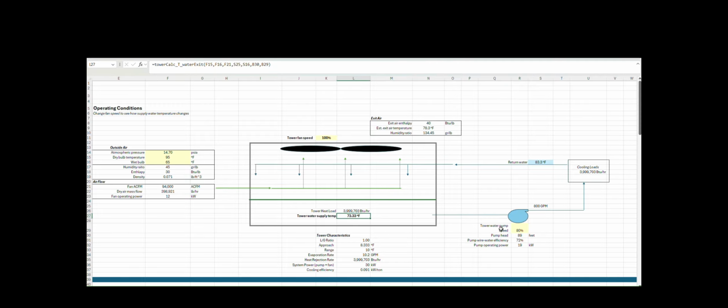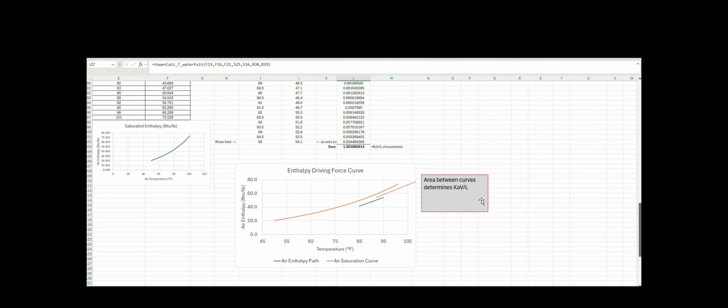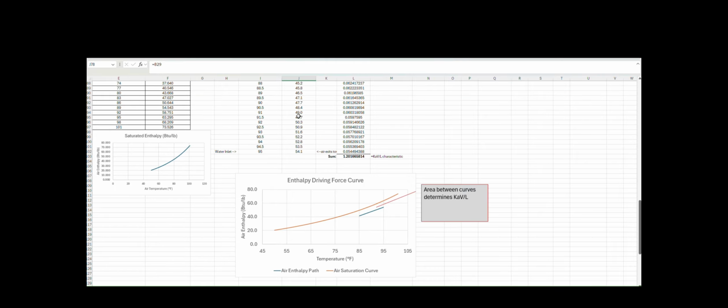And again, that's the straightforward thing to say: well, yeah, I've got less flow going through my tower. I've got less mass that I need to cool down, so I should be able to do a higher temperature difference on it. Yeah, obviously. Well, let's look at it from the graphical perspective. What we did for our L over G ratio is we decreased L. So if you decrease the numerator, then this number is going to get smaller.